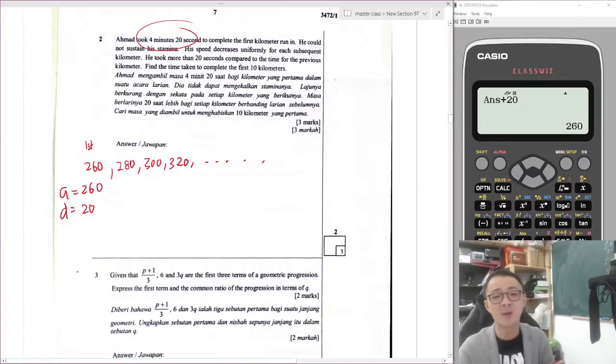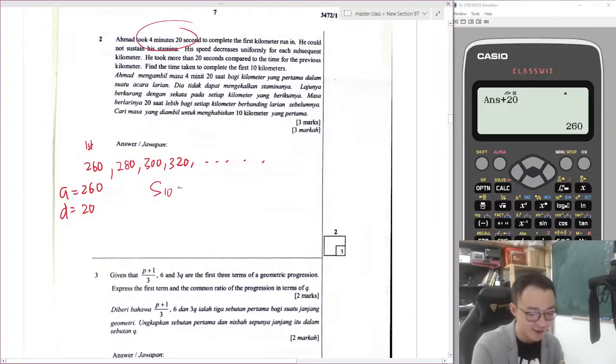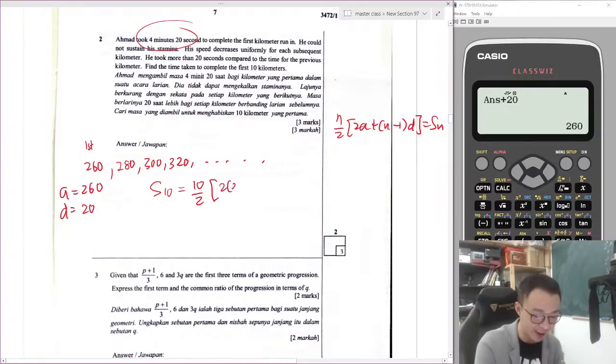Now I want to find the first 10 kilometers, so I just need to find S10. Since this is an AP, I use the AP formula, which is n over 2 times 2a plus n minus 1 times d, for Sn. So it will be 10 over 2, times 2a plus n minus 1.